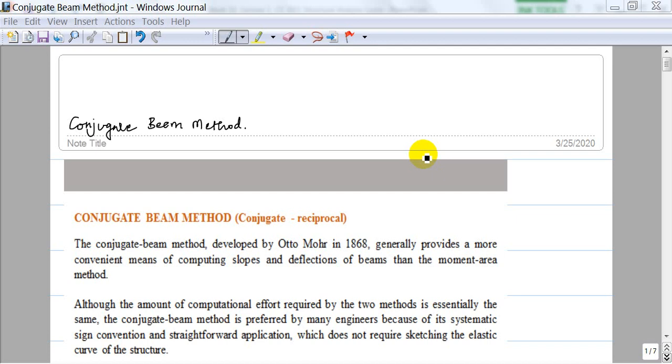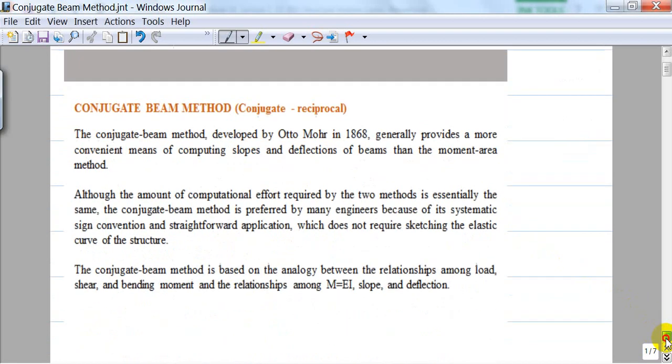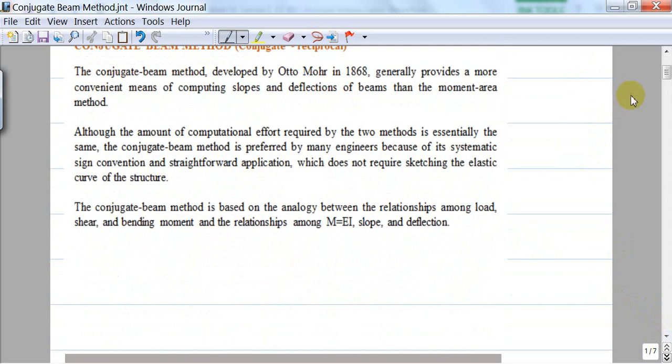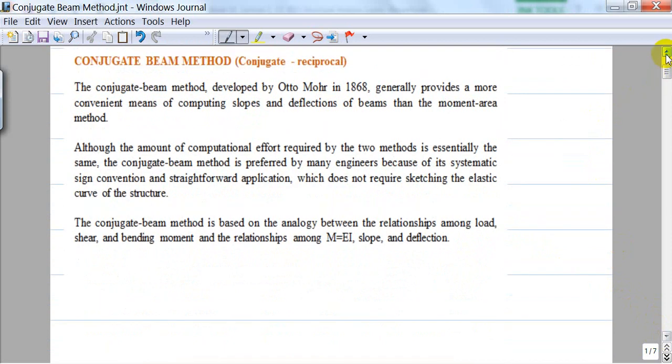So the conjugate beam method was developed by Otto Mohr in 1868, and it generally provides a more convenient means of computing slopes and deflections.